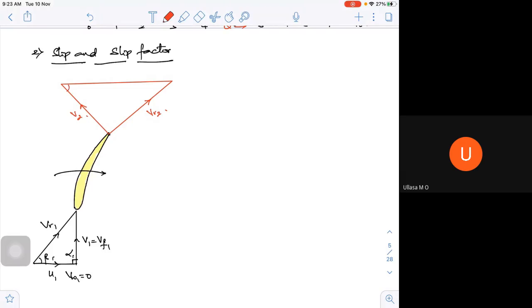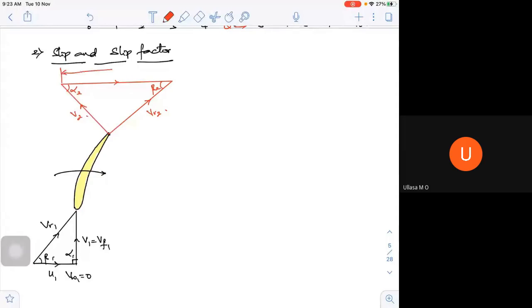This is my alpha 2, this is my beta 2, and this is my U2. This is my velocity triangle. Then if I draw the components of it, this will be my VF2 and this will be my VW2. So this quantity from here to here is my VW2.